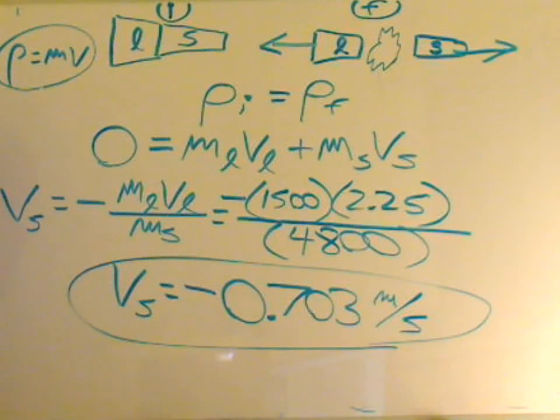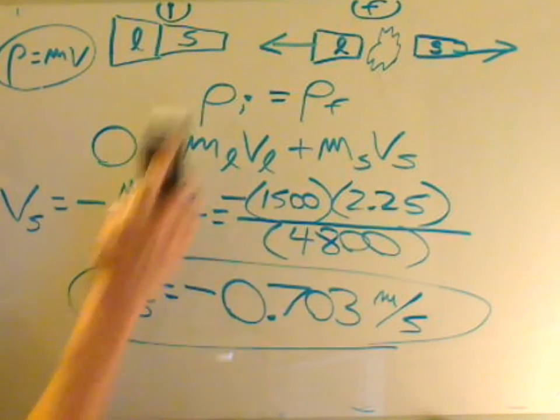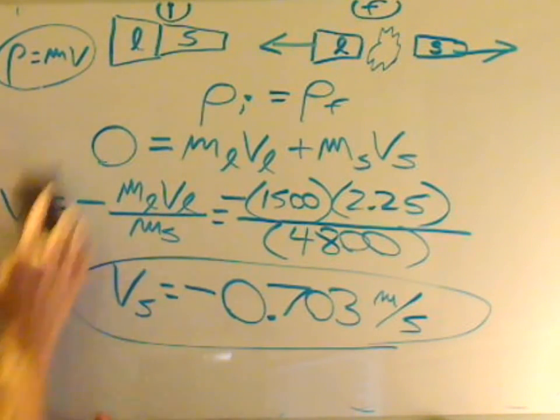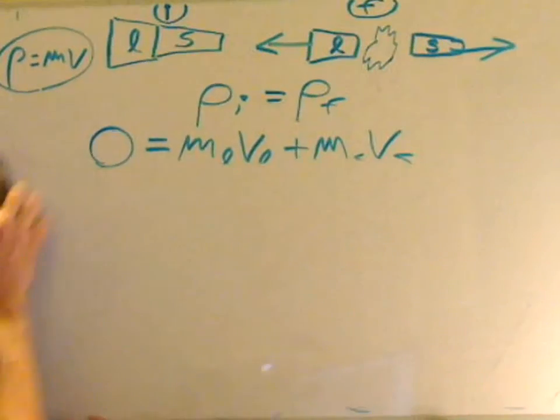In part B, we are asked to calculate how much kinetic energy has changed after this explosion occurs. So I'm going to go ahead and erase this, and we'll put the answer up here.